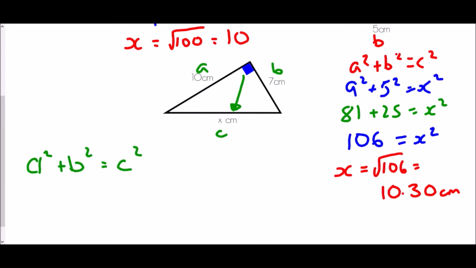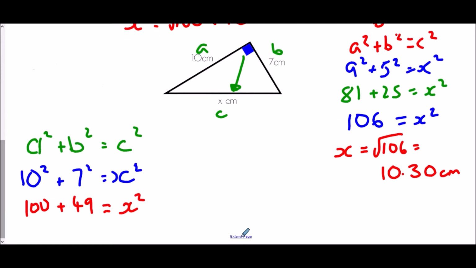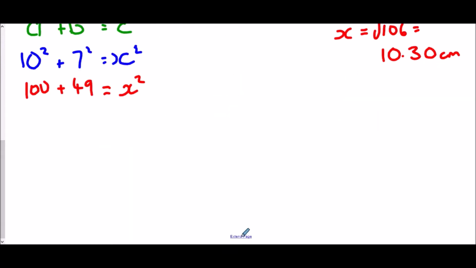Replace our values, so 10 squared plus 7 squared equals x squared, and then let's just work out our different values. So 10 squared is 100, 7 squared is 49, and that equals x squared. So if we continue, 100 plus 49 is 149, and that's what x squared is.